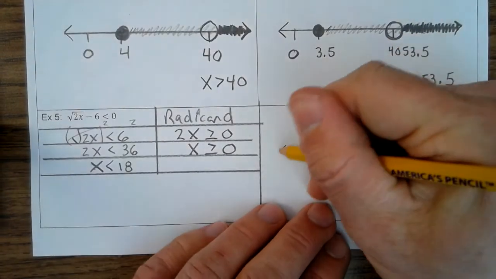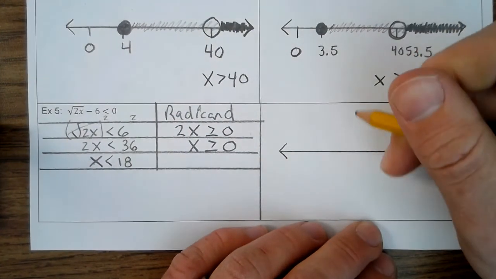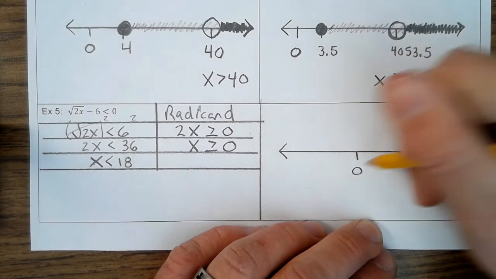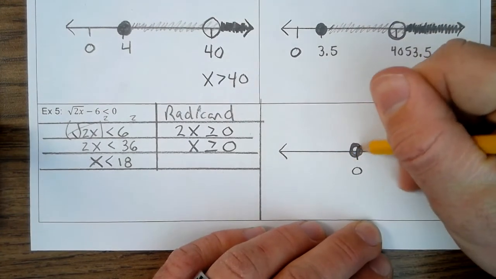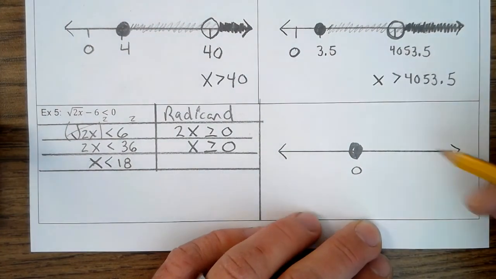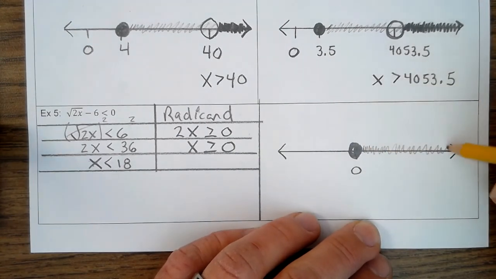All right, now we graph. So then 0 is a closed circle. So we shade, and it's greater than, so we shade to the right.